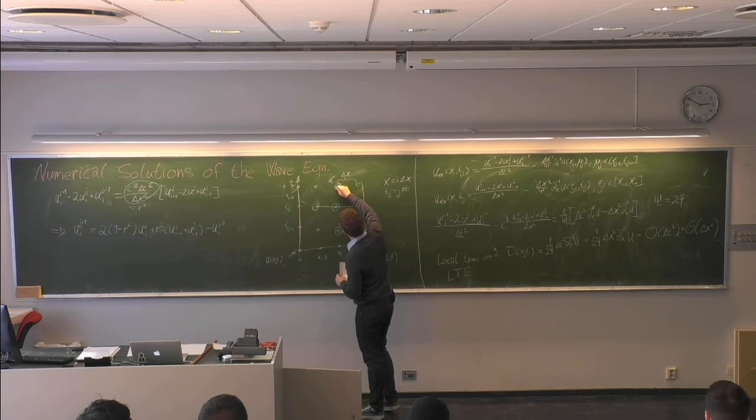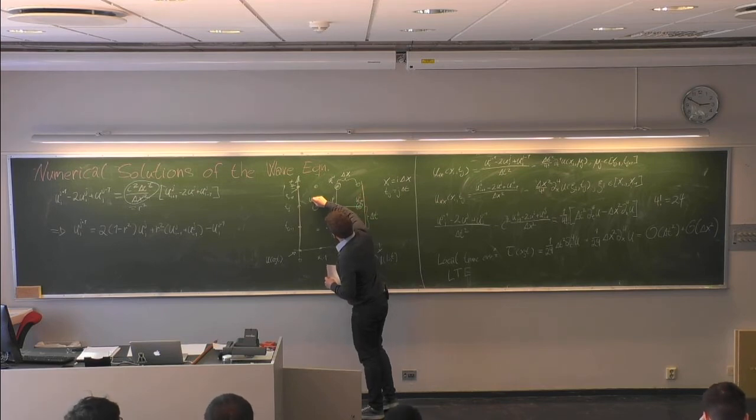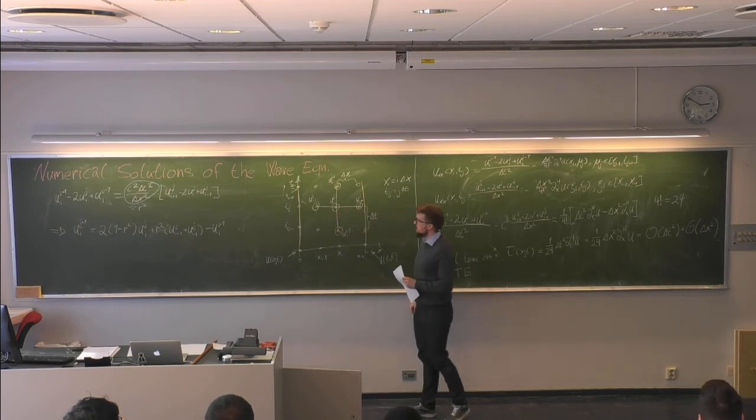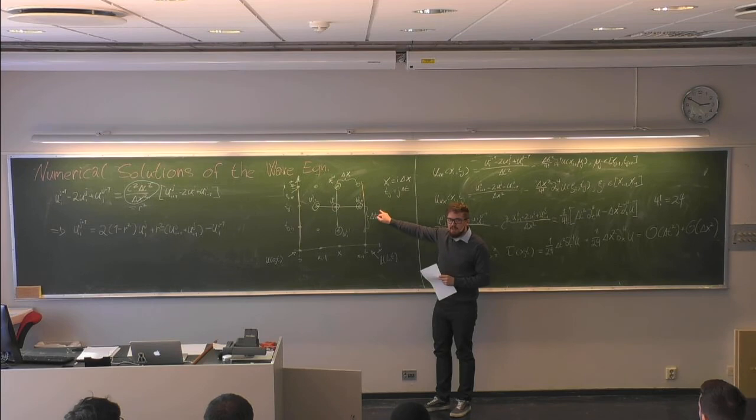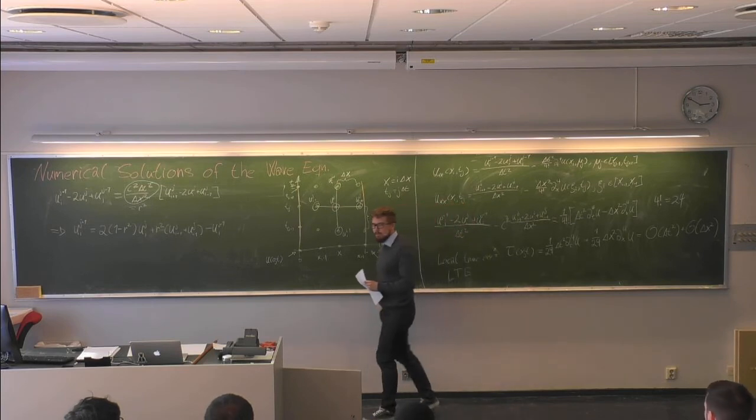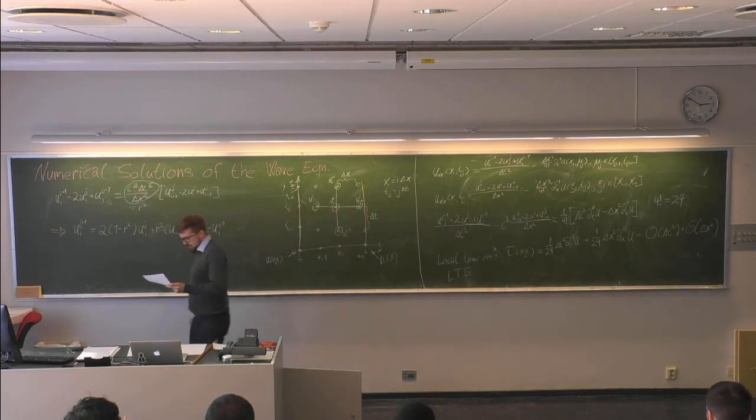And then we need this point. So this is going to be a stencil: u_{i,j}, u_{i+1,j}, u_{i−1,j} and u_{i,j−1}. So we need to go further back in time as compared with the other stencil.